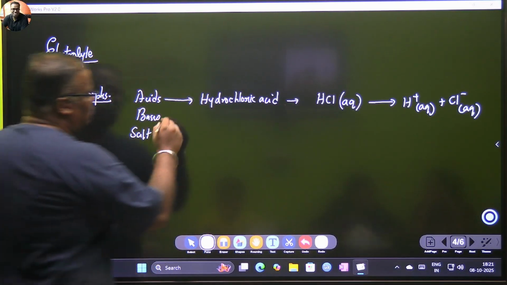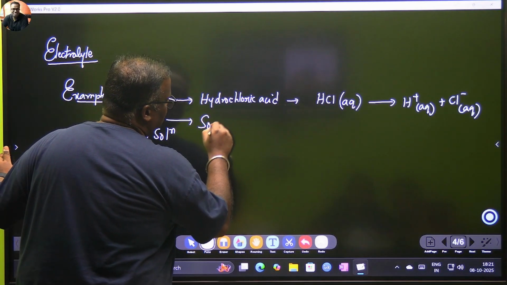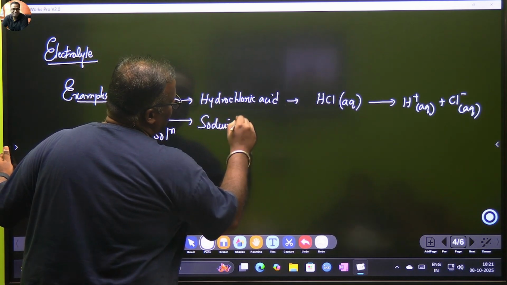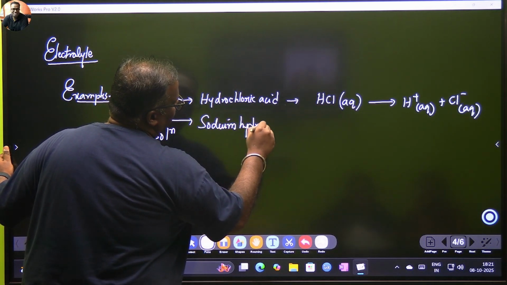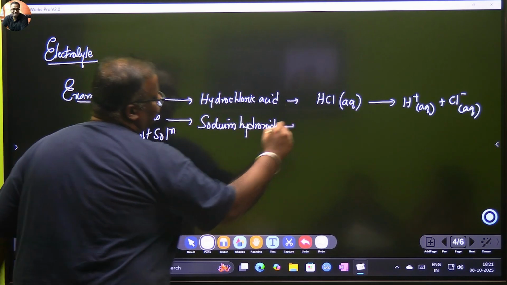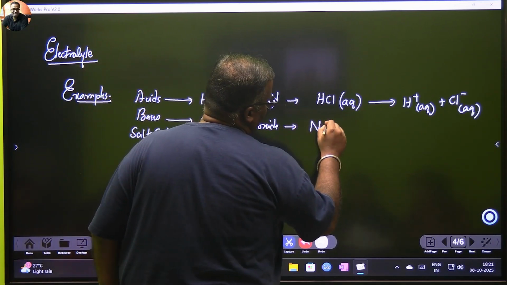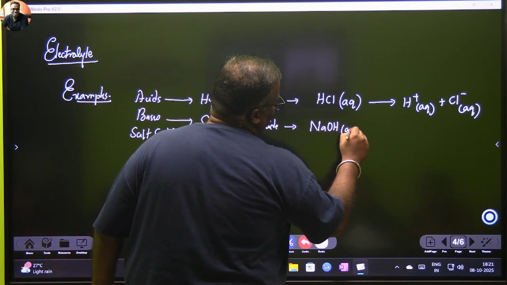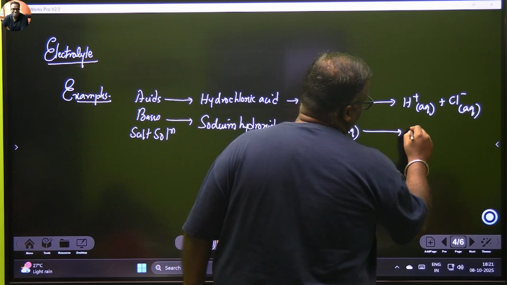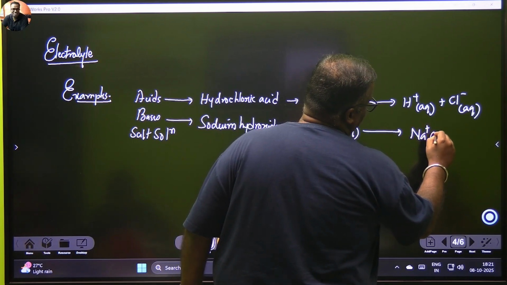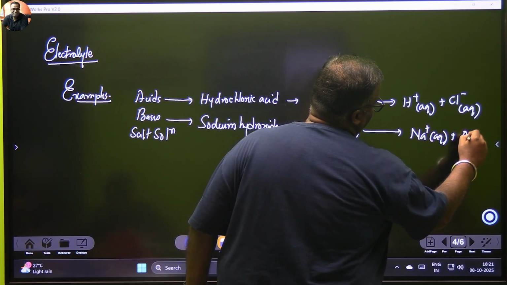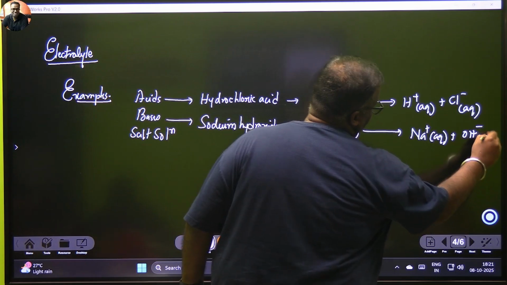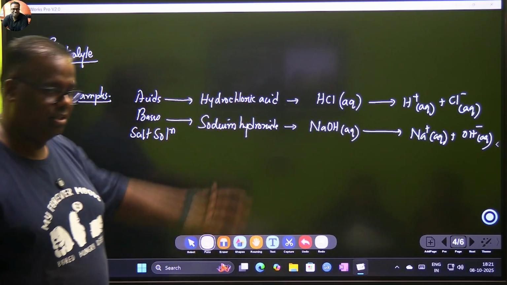So acids. Another, for bases, an example of a base is sodium hydroxide. If you want to know the formula, sodium hydroxide is NaOH, aqueous. This will actually split up into Na plus aqueous and OH minus aqueous ions, which conduct electricity.